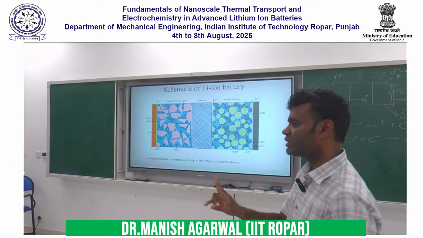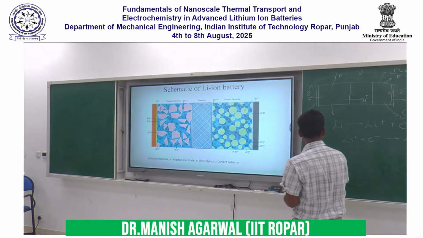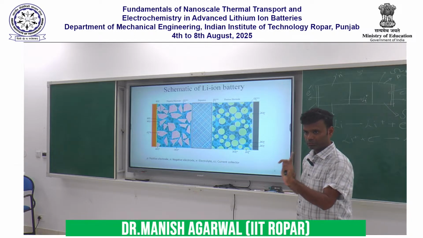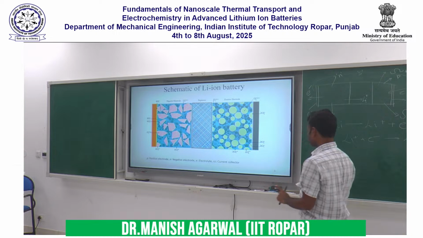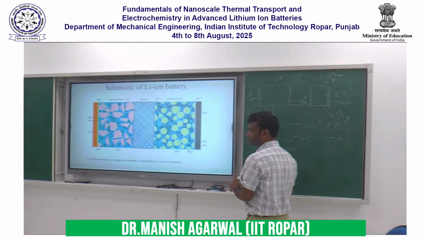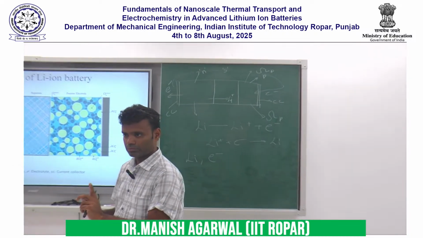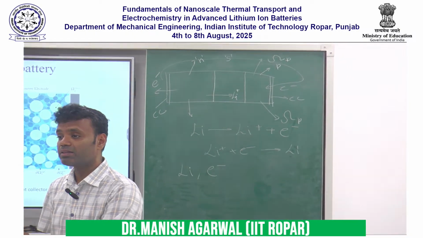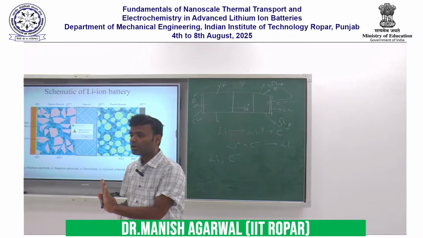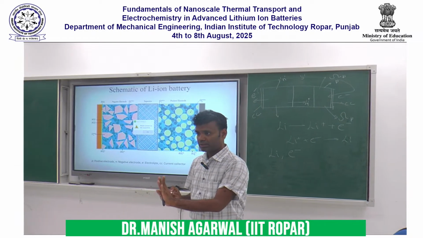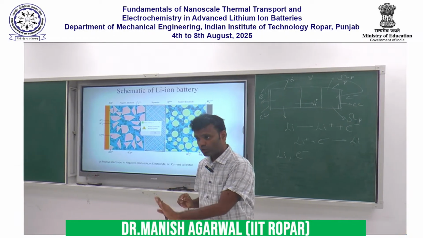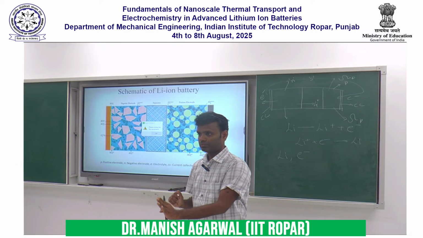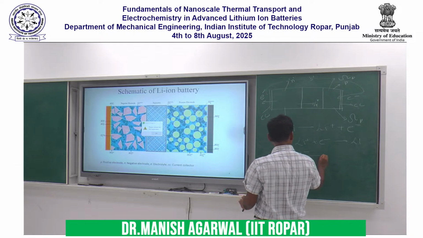So in the electrode, what are the two things that are moving? One is lithium, not lithium ion, and the other is electrons. Lithium ions are not moving in the electrode; lithium ions are moving inside the electrolyte.